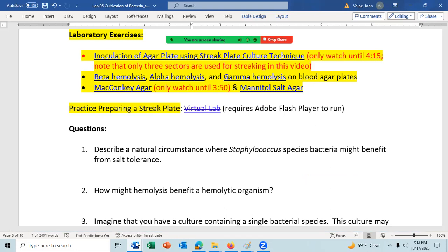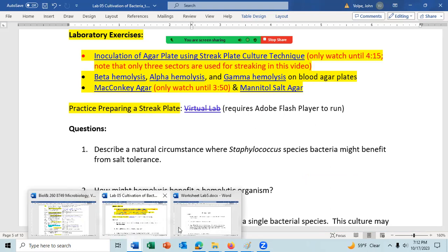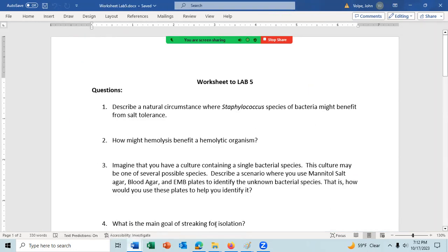Let me go to my worksheet. And then answer the questions in the worksheet to Lab 5. Describe a natural circumstance where staphylococcal species of bacteria might benefit from salt tolerance.